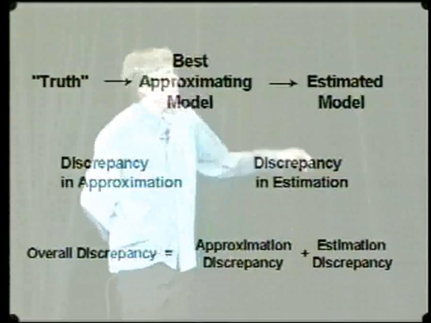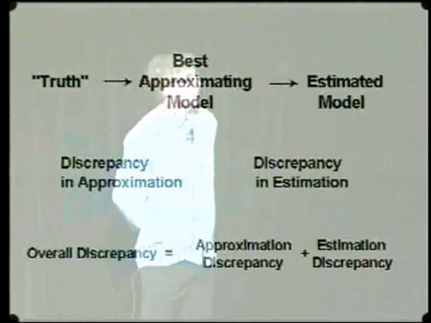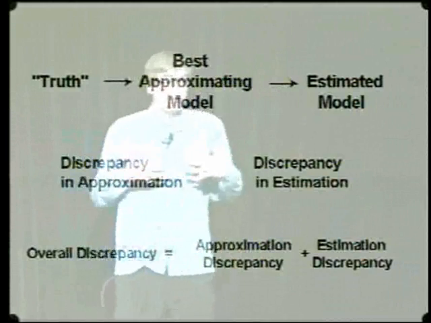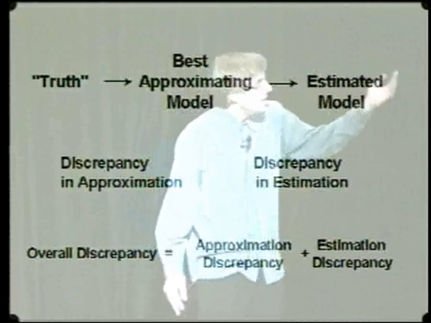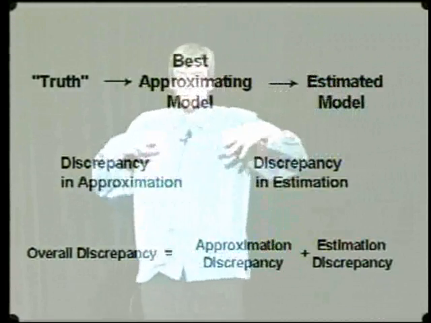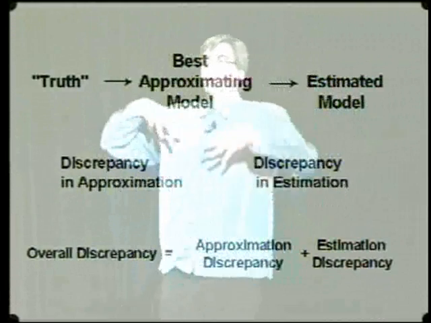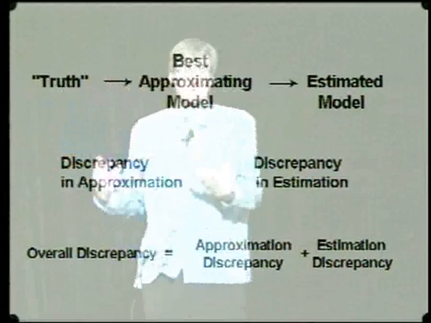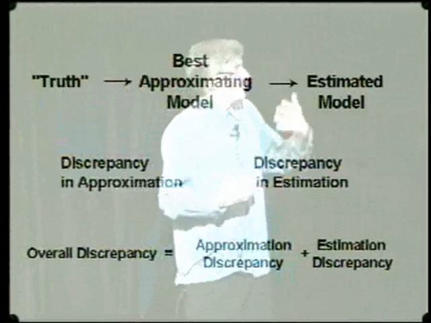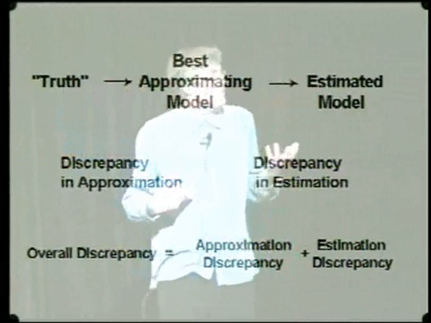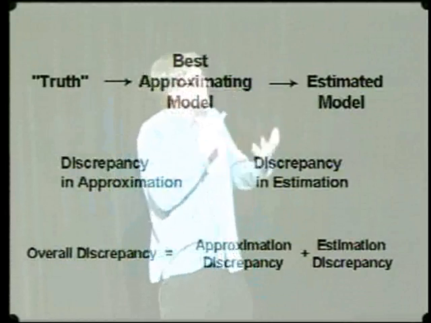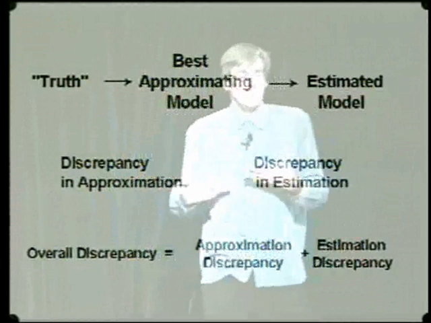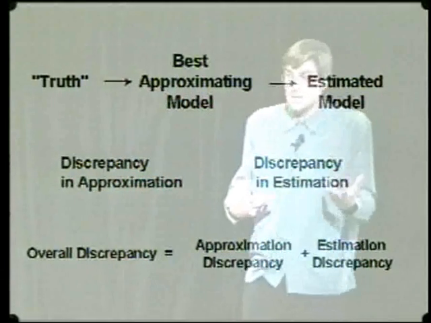So we can say that the overall discrepancy in a model that's been fitted to a sample is the sum of the discrepancy in approximation, that is, how much of truth does the class of models fail to capture, plus an estimation discrepancy, which is how far the estimated model deviates from the best approximating model in its class.